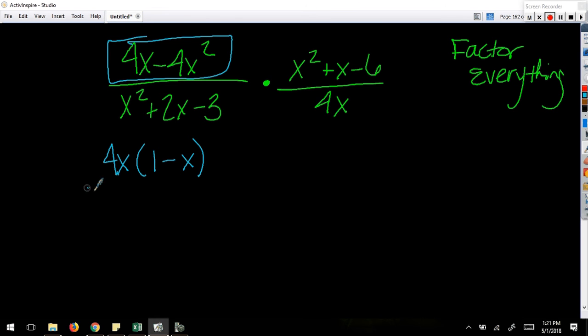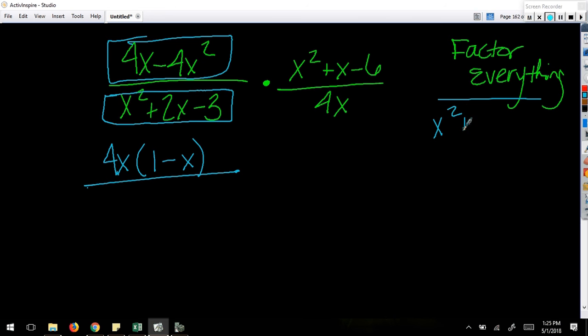On the bottom here, I'm going to come off to the side and factor this trinomial. Just as a review from Algebra 1, we multiply the first term and the last term together.